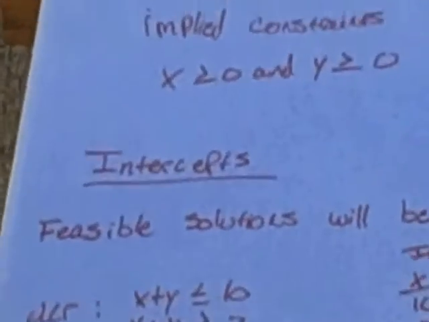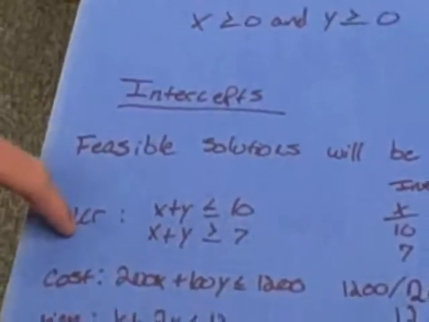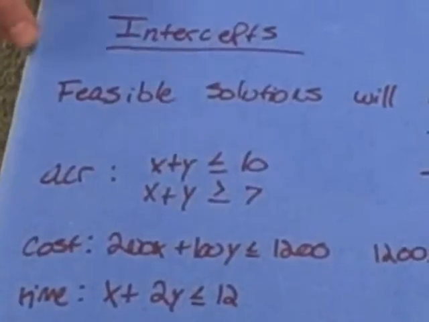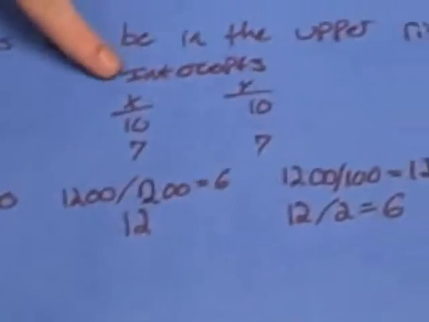All right, then we're going to our intercepts. And the intercepts show us that the feasible solutions have to be in the upper right quadrant of the graph, right? So we have our acreage and our cost, which we just had up here, and we're going to add in our intercepts.